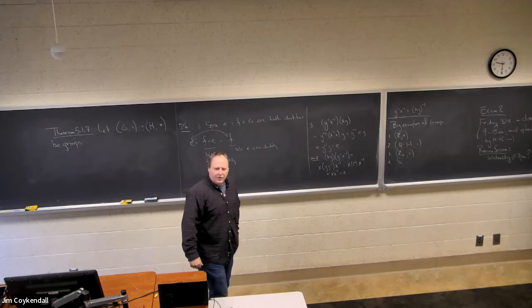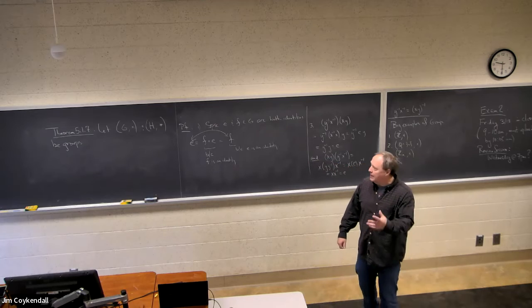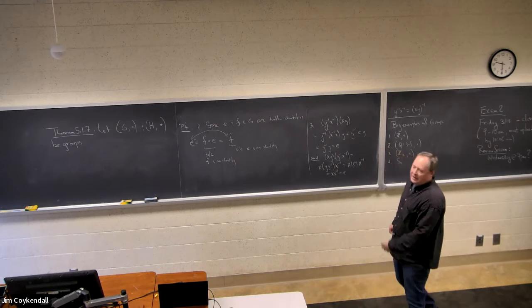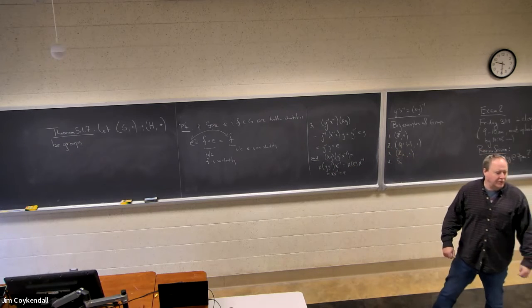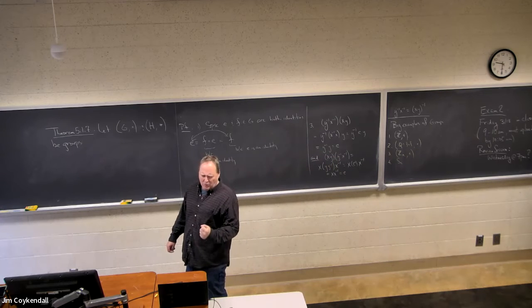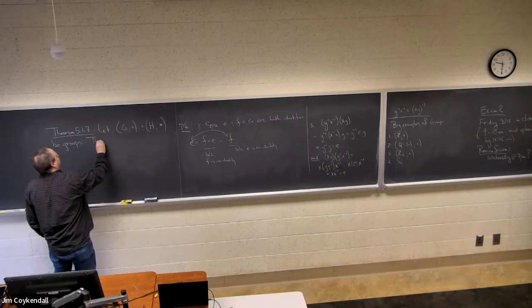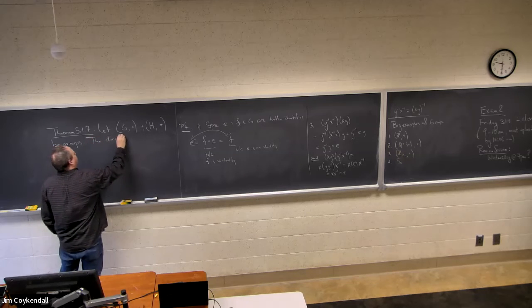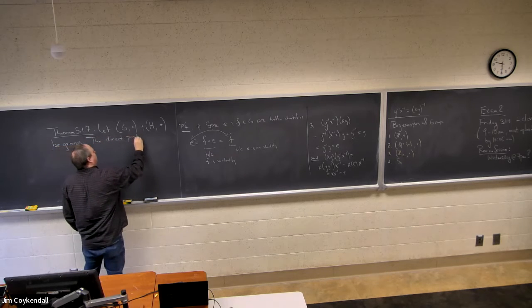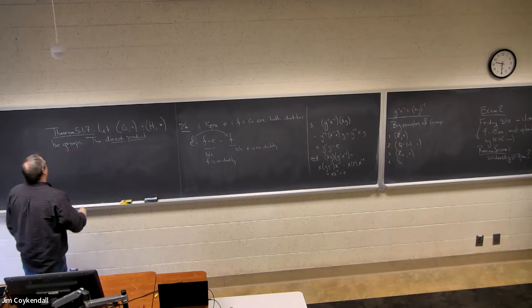I write the circle and the star to emphasize that they may have different operations on them. Like G might be the integers under addition, and H might be the non-zero rationals under multiplication. They might have different operations here. I can make a new group out of these old ones.